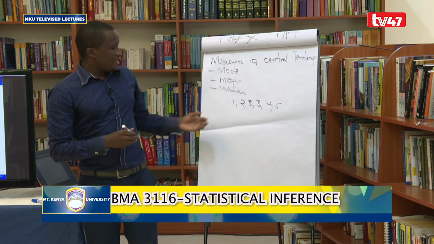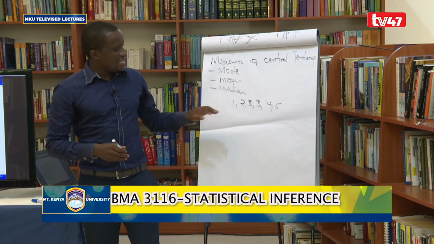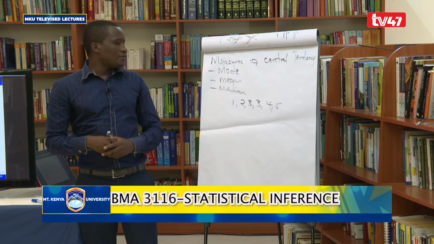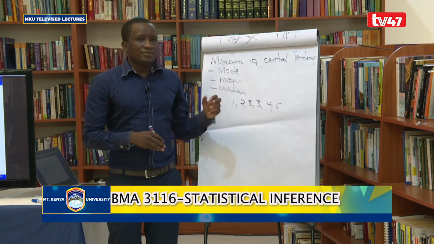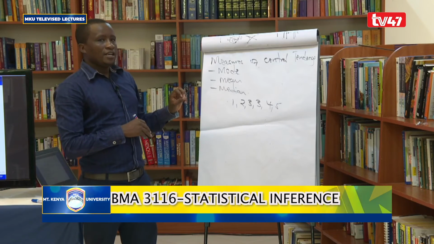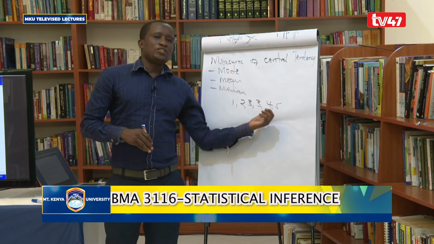Now, assuming that these are maybe heights of plants in a garden, we are saying that these measures will just ask the question, where do we find a central point in this set of ordered data?